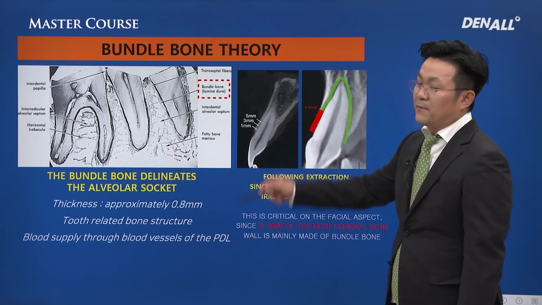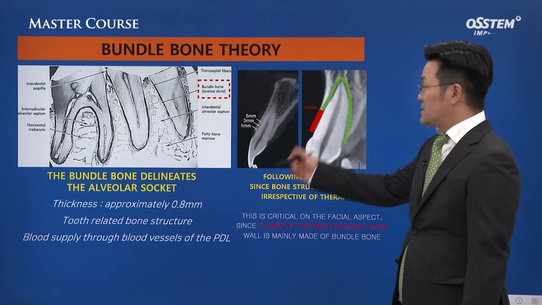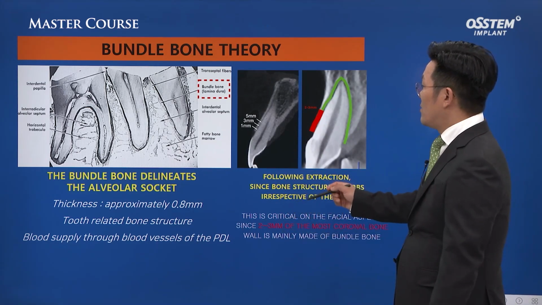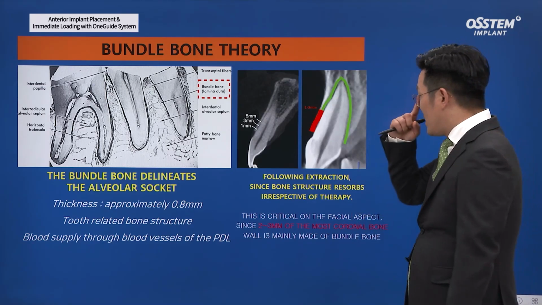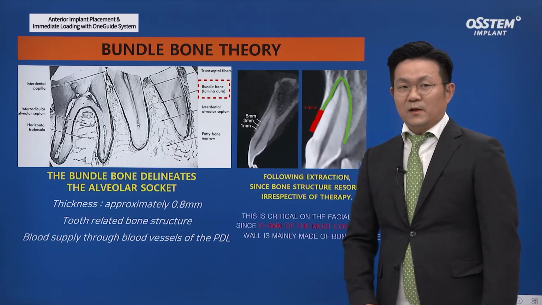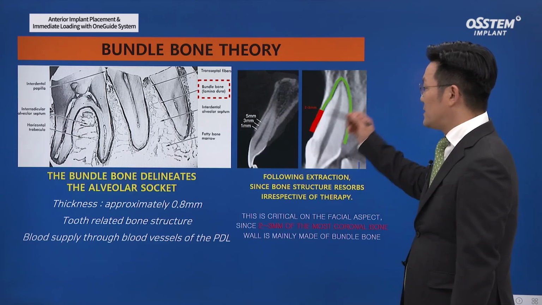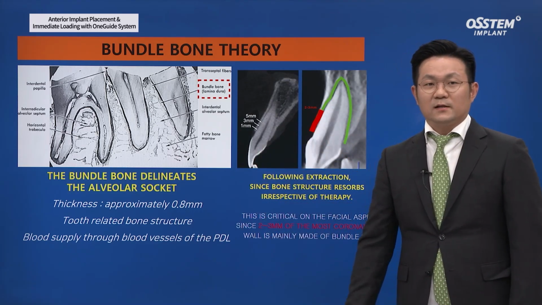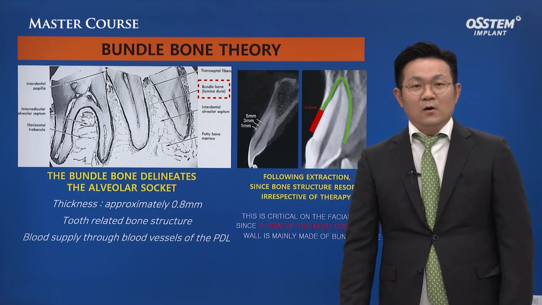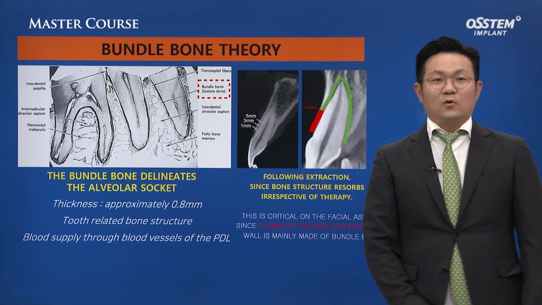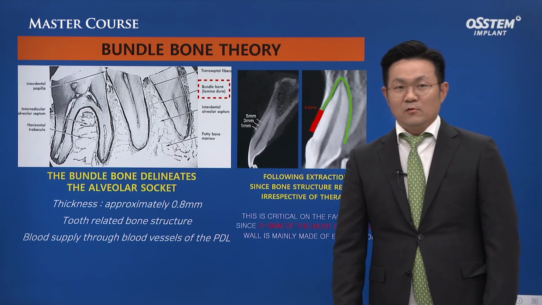In thin labial bone, the blood supply cannot exist inside because it's very thin bone. So it gets vessel supply through the PDL and is maintained, but after extraction, it all disappears. So the thinner the bone, the more resorption you would have.